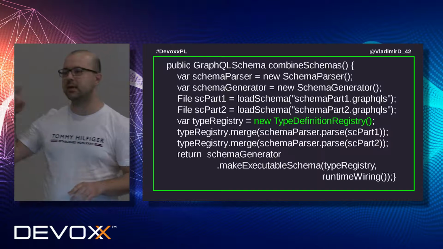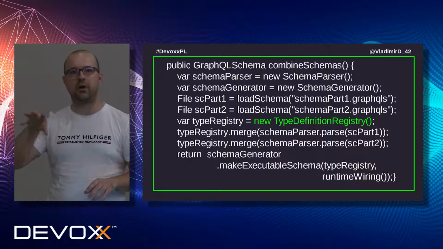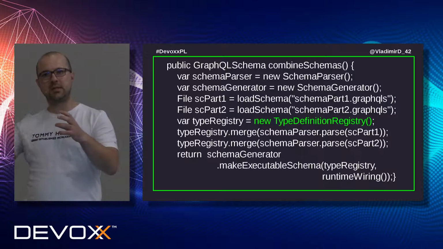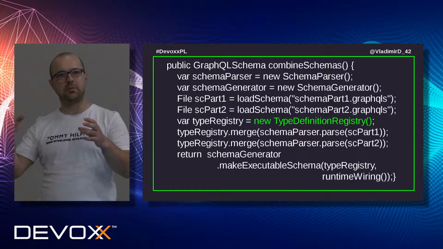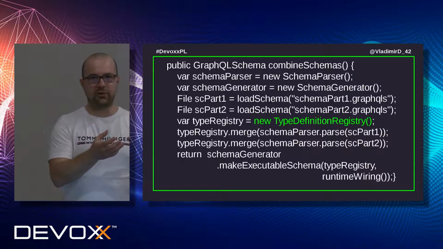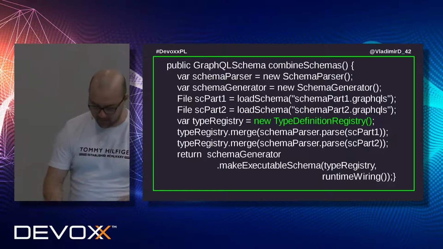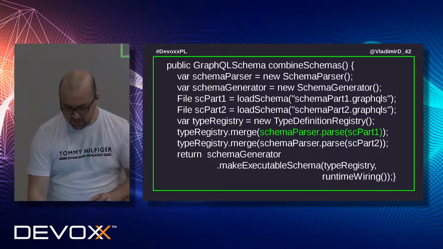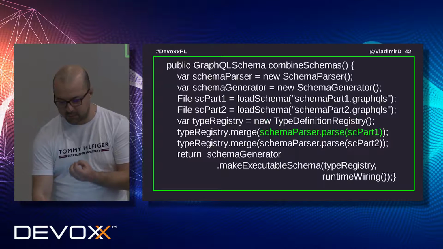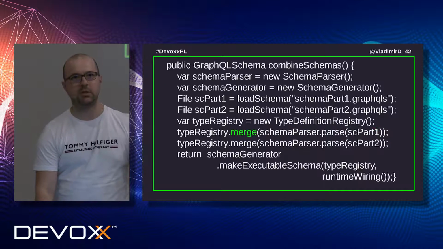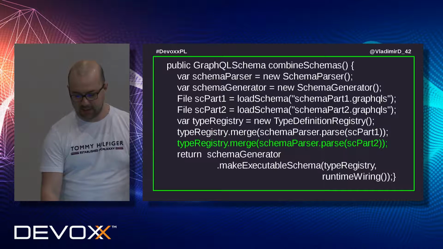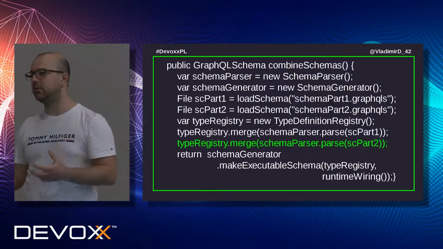If you remember, last time when I showed you the code with GraphQL Java only, we parsed the SDL, the schema, and from the schema we got the type definition registry. But here we just create a new, empty type definition registry. Then we parse the schema, and what we parse we merge with this type registry. And we do the same thing for the second file.